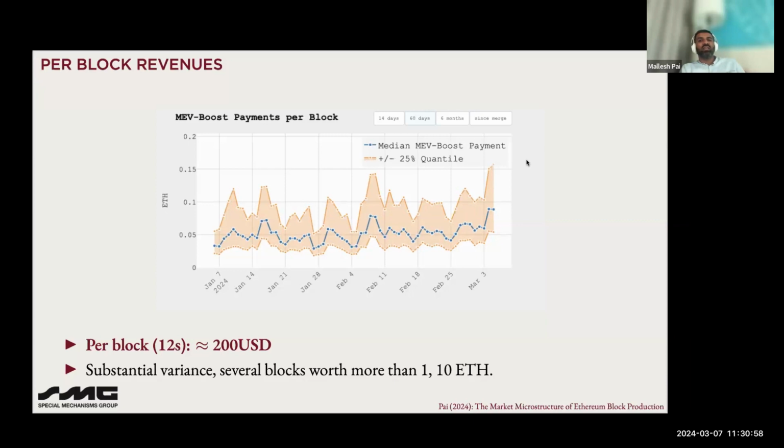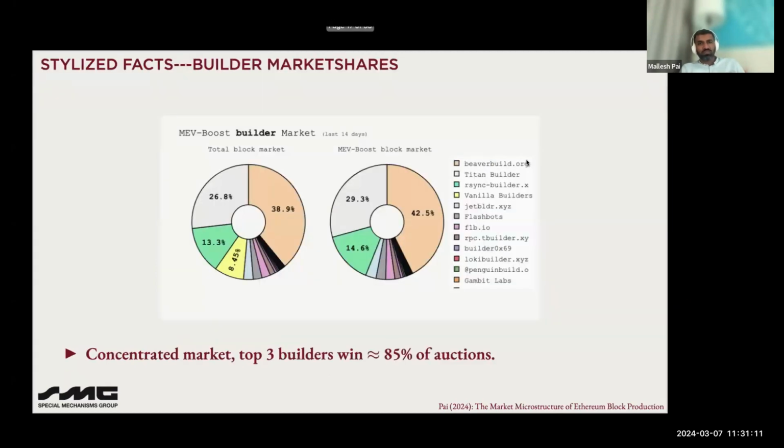And that led us to start thinking, well, why is there variation in how much blocks are worth? Is it solely driven by the amount of priority fees, for example, that people are willing to pay for their blocks? All right. Now, here's a different fact about the market, which is who are these builders and what kind of market shares are they achieving?